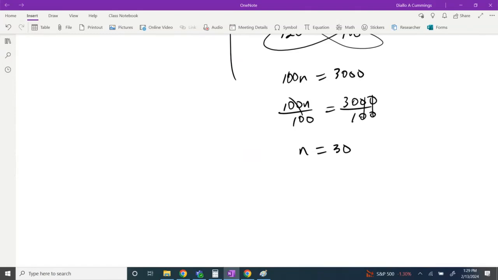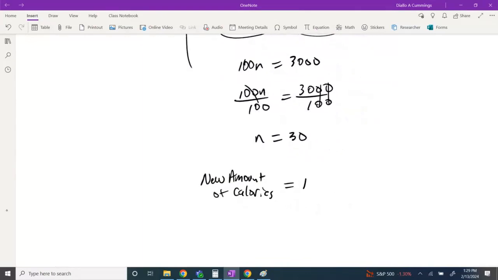Now we can go back and find the new amount of calories. So we take the original amount of calories, which is 120, we subtract off the change, which is 30, and we get 90.